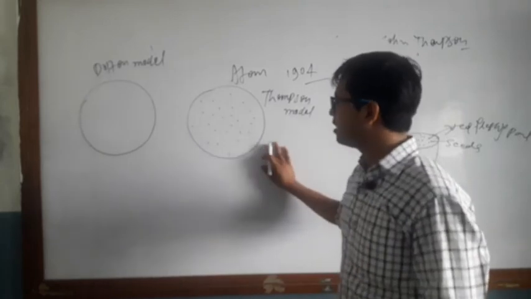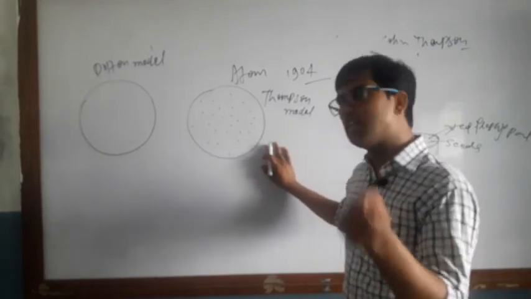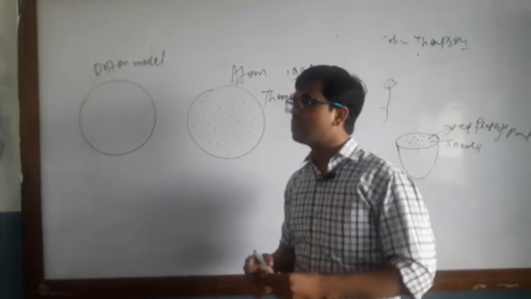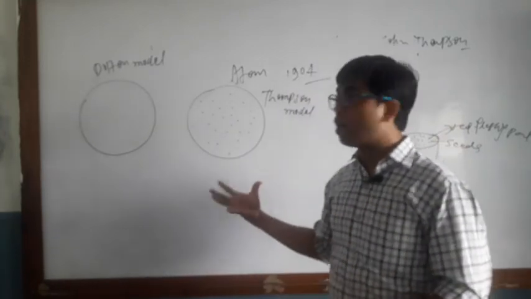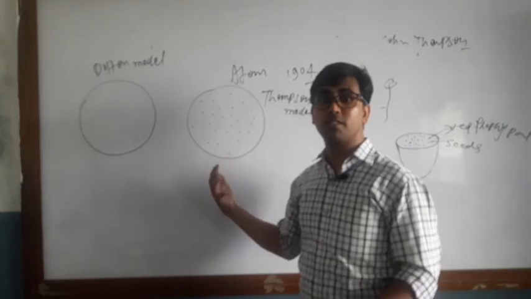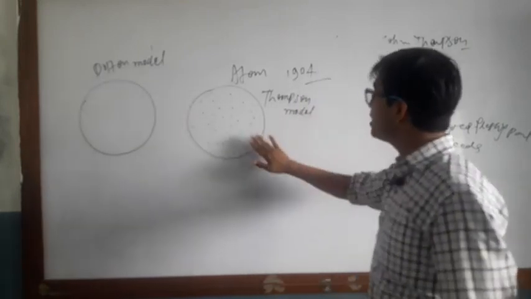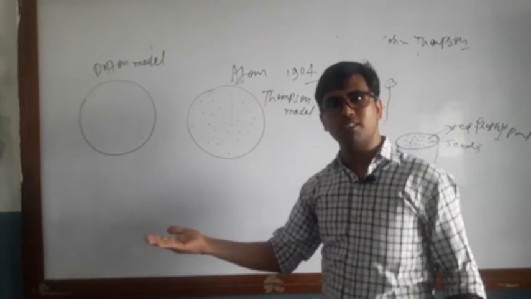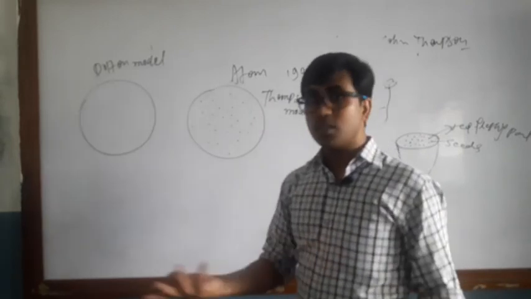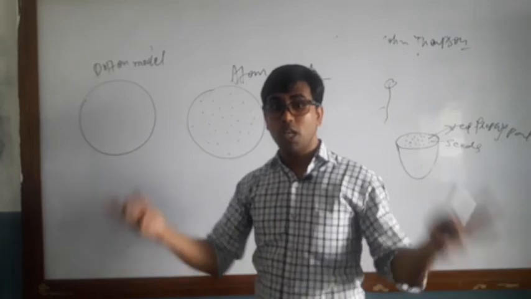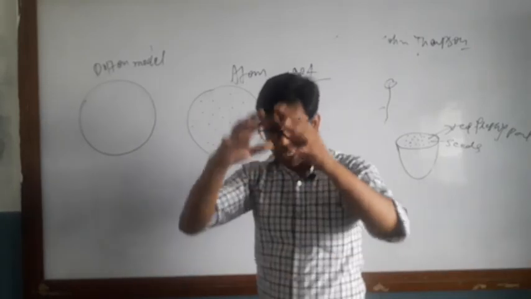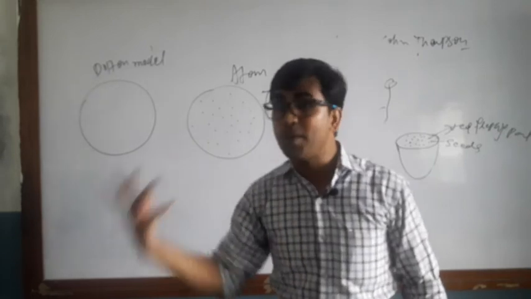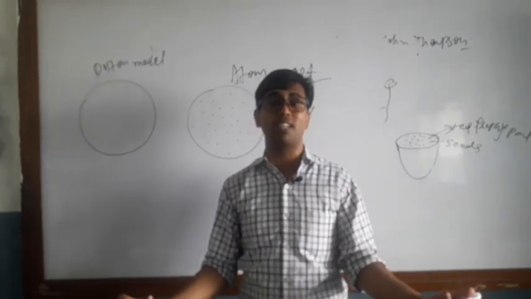This model had quite a good start, but soon it became flawed, because if positive and negative charges are embedded like this, then how many positive and how many negative charges are there? Big problem. If the entire atom is made by positive and negative charges, then how many positive and how many negative charges are there?